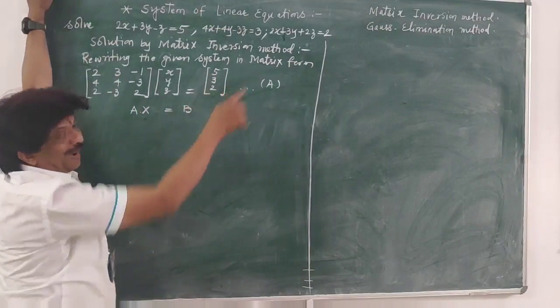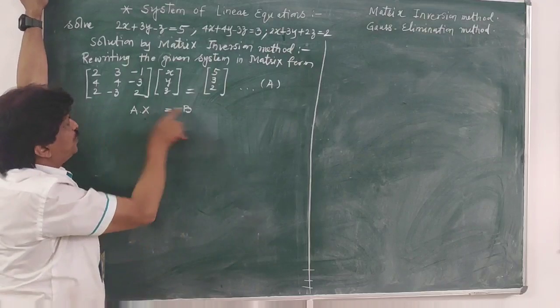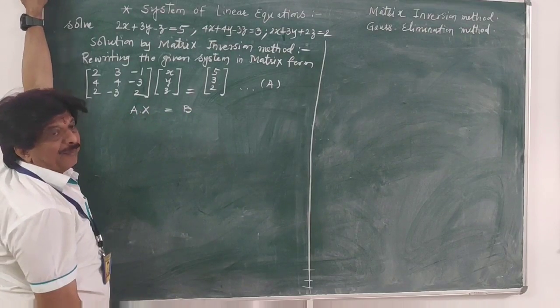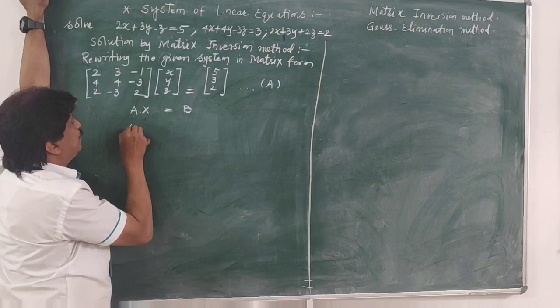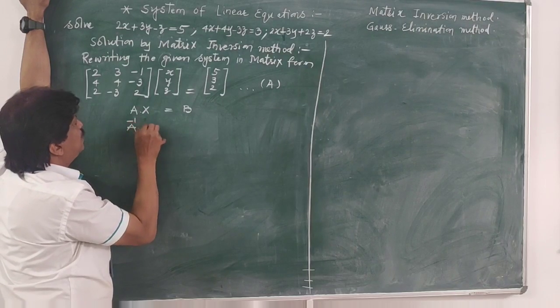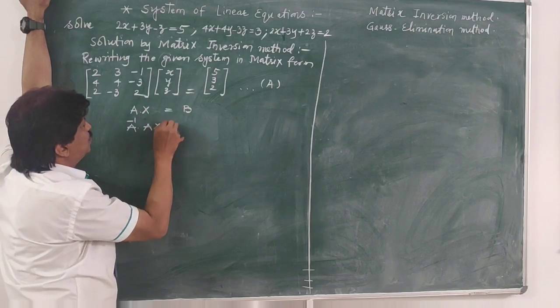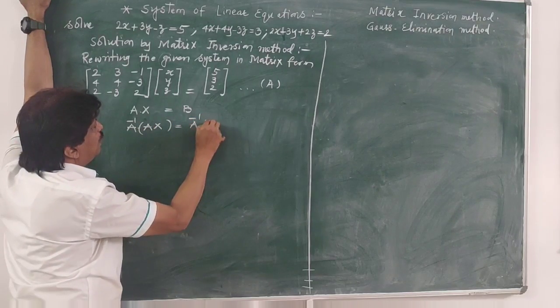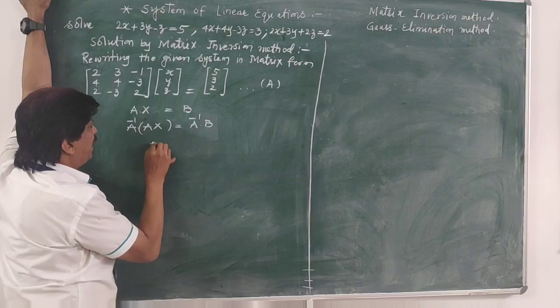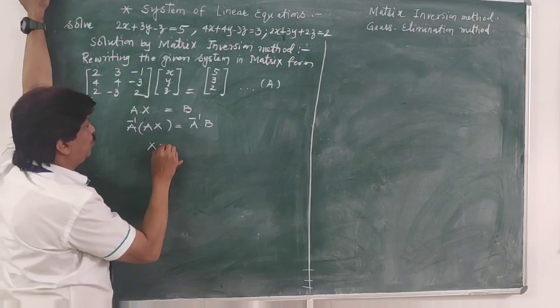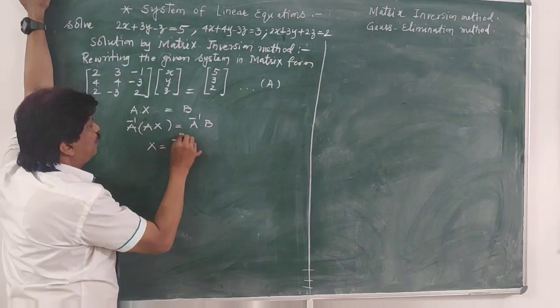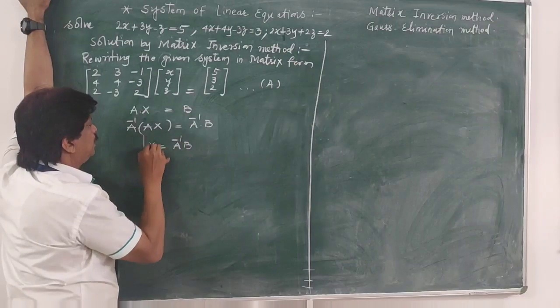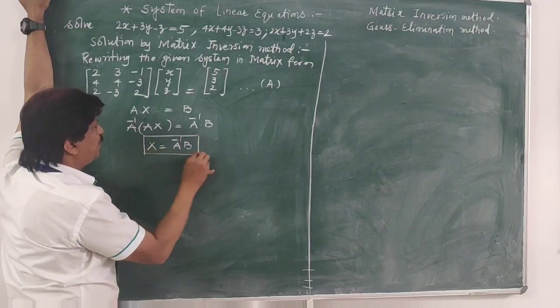Now, what is the matrix inverse equation from this equation? If I left multiply by A inverse, A inverse into AX equals A inverse into B. So this gives me capital X, the matrix of unknowns, equal to A inverse B. This is nothing but the matrix inversion method.